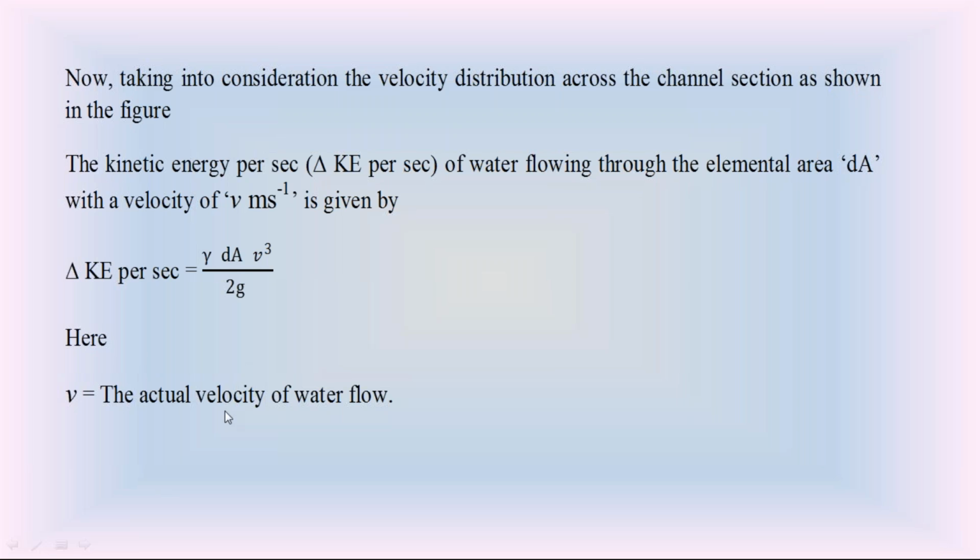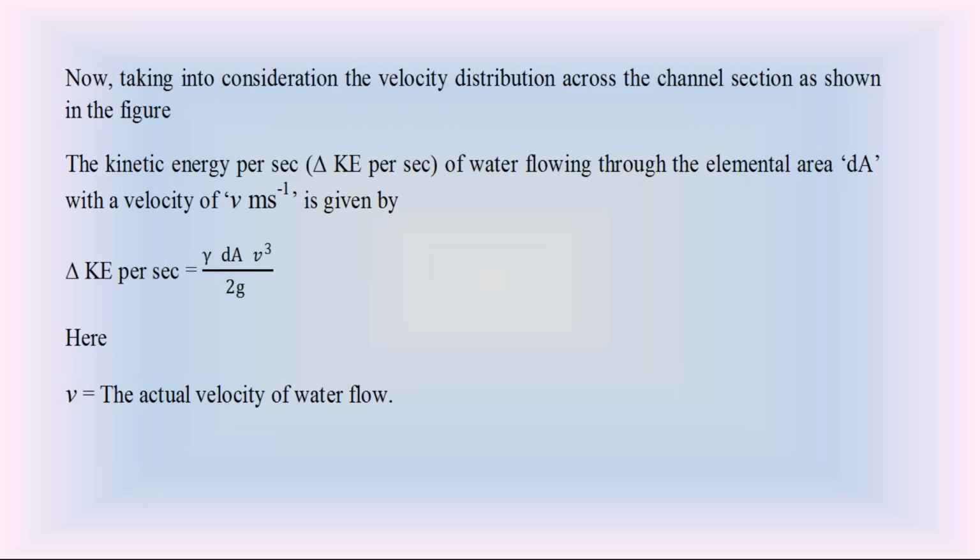So please follow the steps carefully. In this kinetic energy equation, we are using this actual velocity small v. Since we are using this actual velocity, this is the actual kinetic energy per second of water flow in that thin water layer.